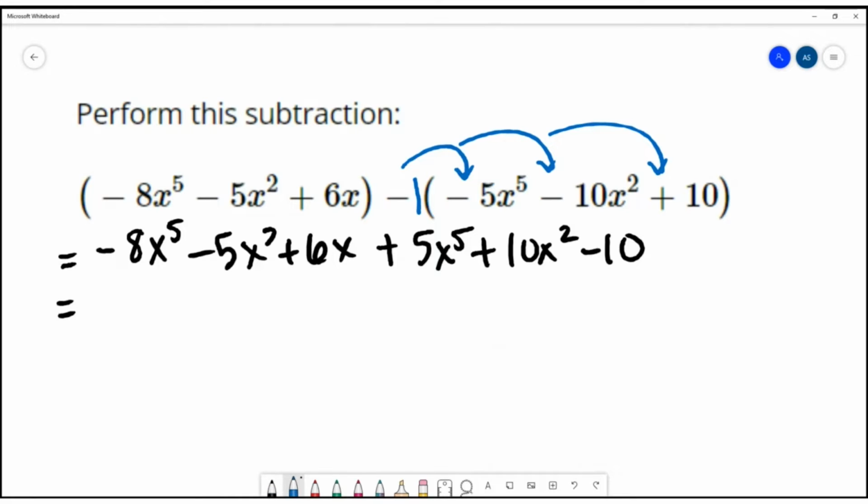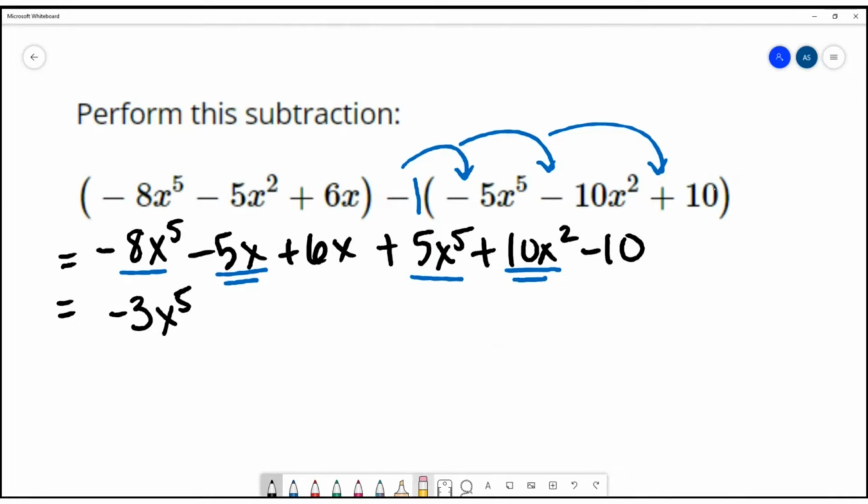I have x to the 5th on these two terms, negative 8x to the 5th plus 5x to the 5th combined together to be negative 3x to the 5th. Then we have two terms with x squared in it. Sorry, my sloppy handwriting is getting the best of me here.